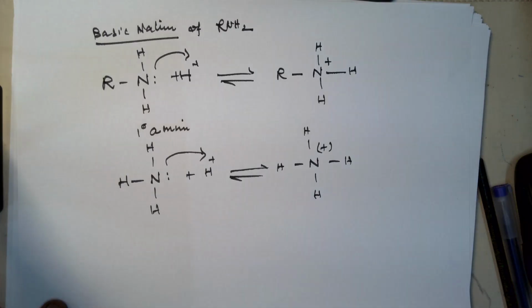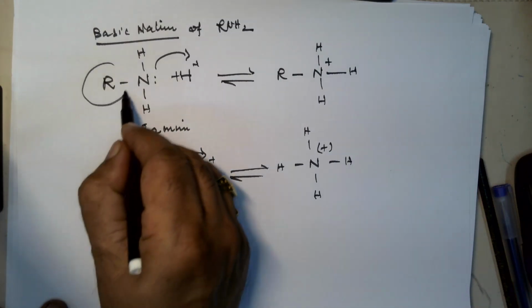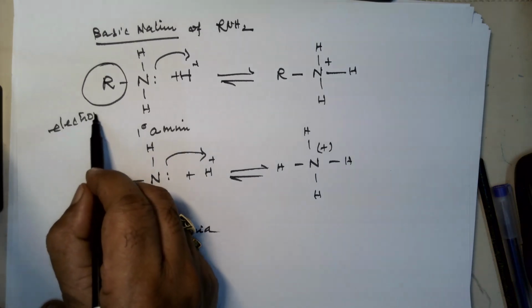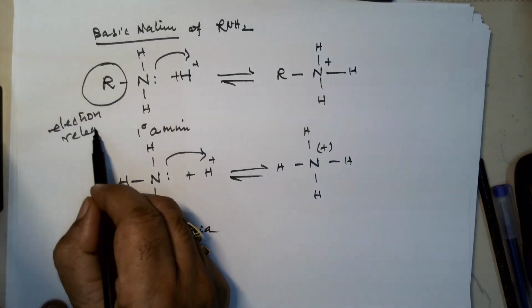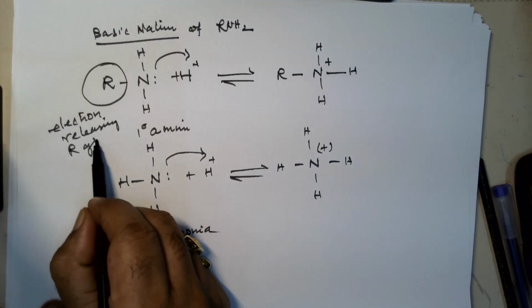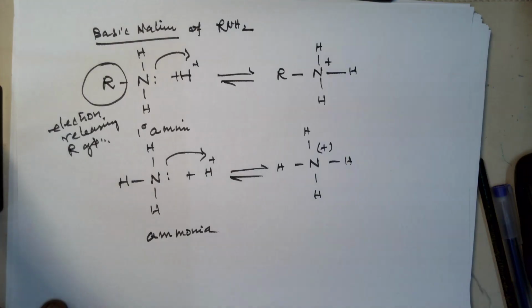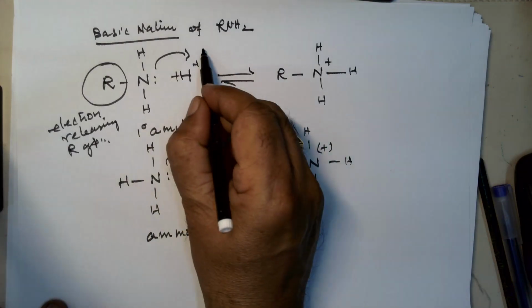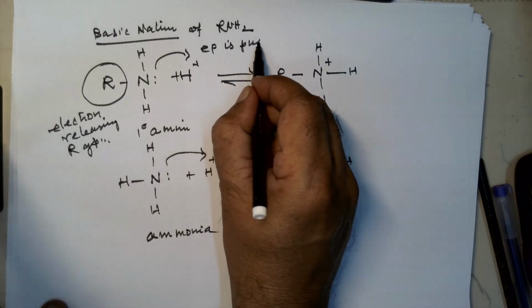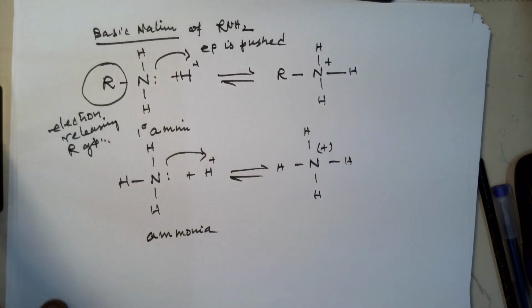Now let us compare the alkanamine with ammonia. It is because of the presence of the electron releasing alkyl group. The electron pair is pushed here, and it is facilitated further.